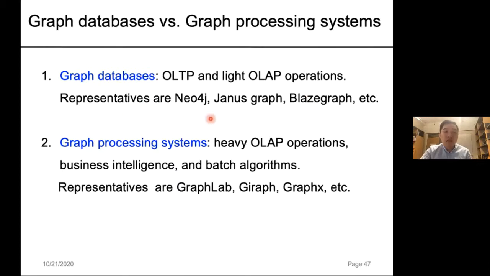Representatives are Neo4j, Sparksee, and BlazeGraph, etc. And the graph processing systems focus on heavy OLAP operations for business intelligence and batch algorithms. Representatives are GraphLab, Giraph, and GraphX, etc. And they also share some overlaps on complex query, pathfinding, and connectivity.